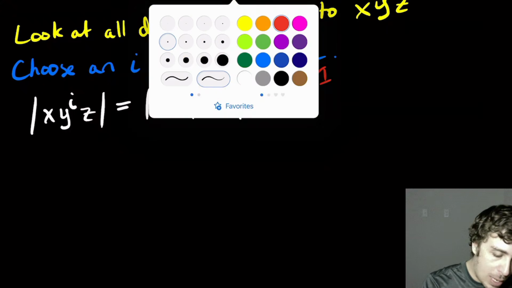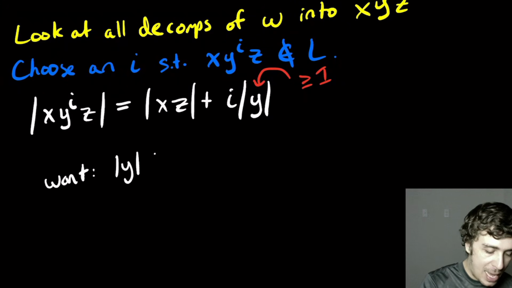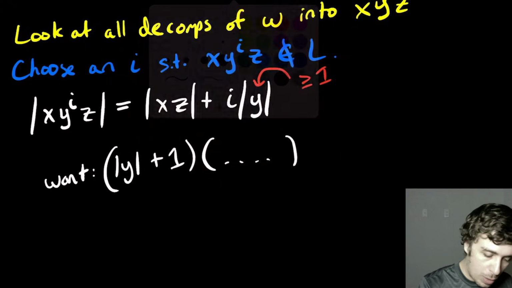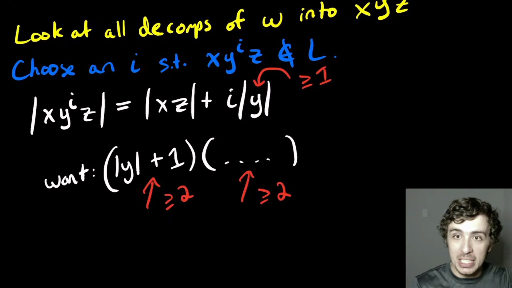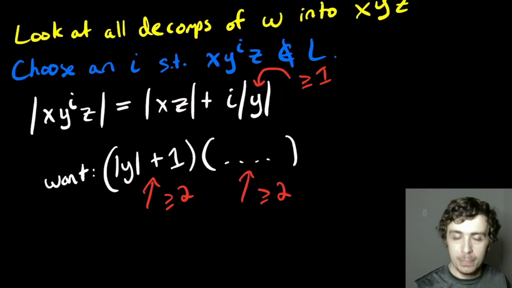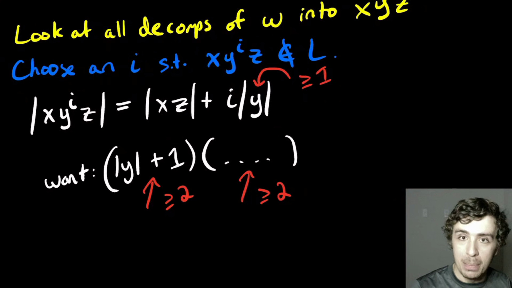So what we want is the length of y plus 1 times something, and we want that thing to be also at least 2. We need something in here that is also a length of at least 2, and that's where the plus 2 from before comes into play.